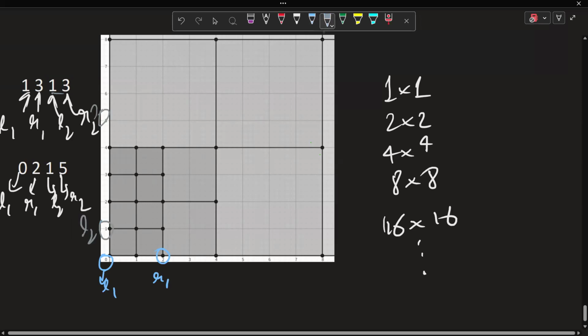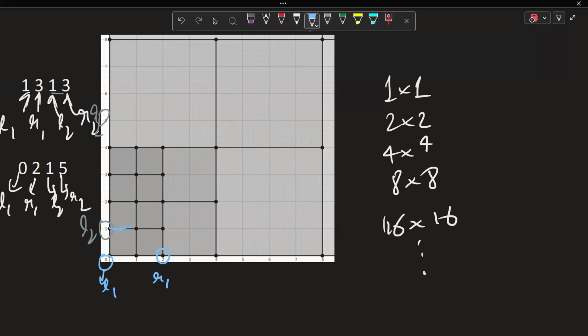This is L2 R2. So what your square would be from L1 R1 to L2 R2? This square you would get. So you need to cover this rectangle. How can you cover this rectangle?